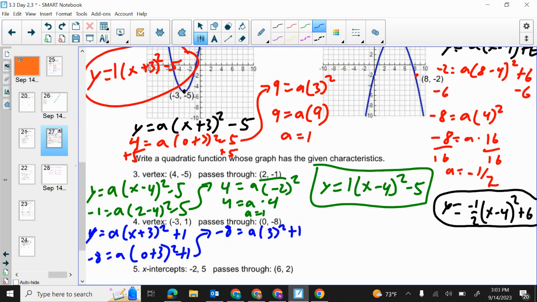I'll move that 1 over now; I didn't do it before. Negative 9 equals A times 9, since 3 squared is 9. So A equals negative 1, and my final equation is y equals negative 1(x plus 3) squared plus 1.